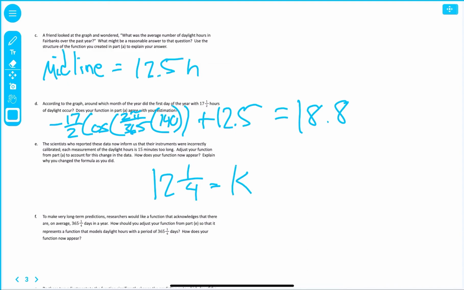In the period, right? So we need to change it in the period again. Instead of using 365, we would just do 2 pi over 365.25. Yep. So that is our omega.